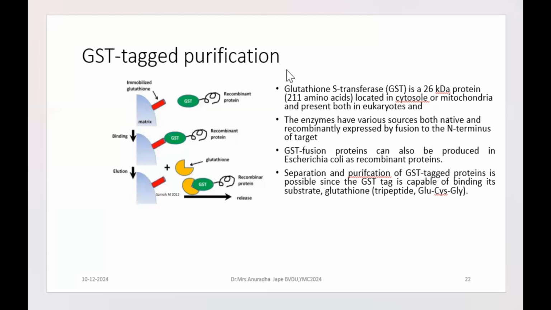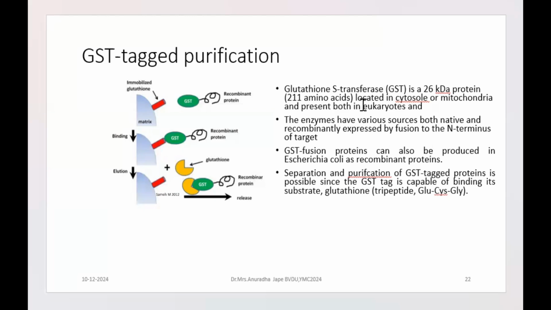Not only is it about purification of GST proteins, but with GST as a tag, you can purify other biomolecules and other bigger proteins also. So purification of GST, okay, fine. But purification of a protein in which GST is a tag, like in the previous example biotin was a tag. Now here it is GST as a tag.